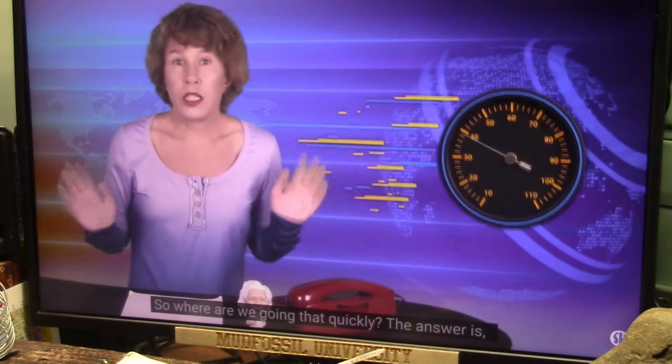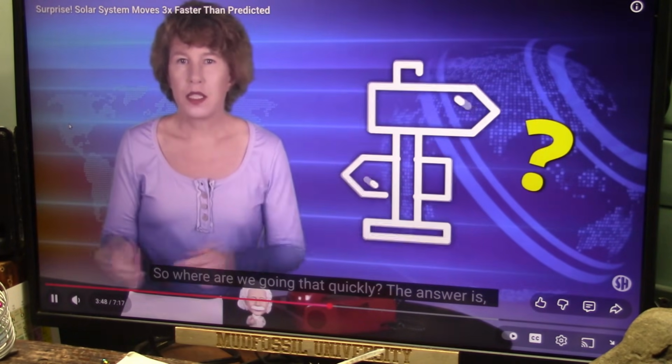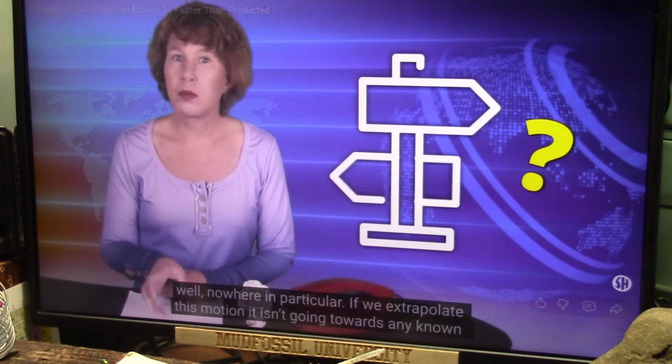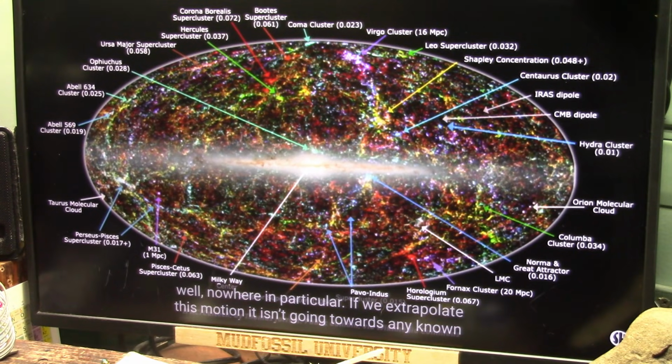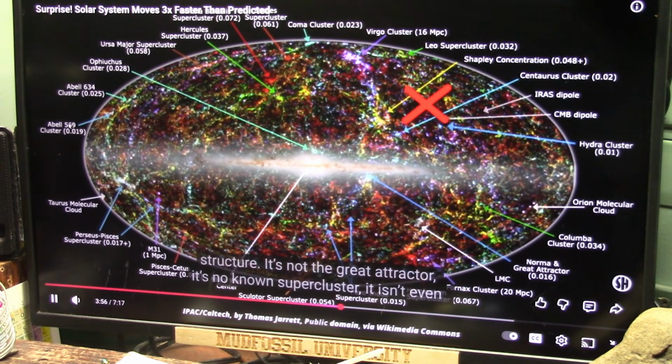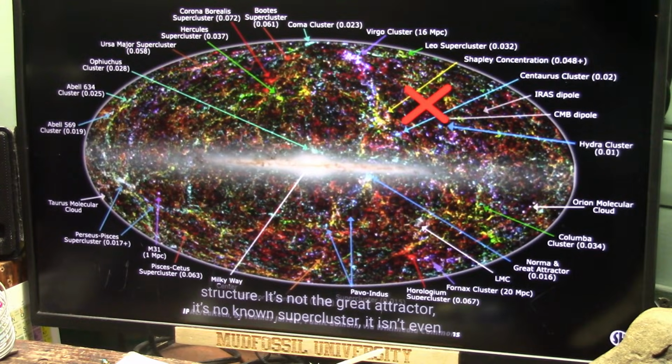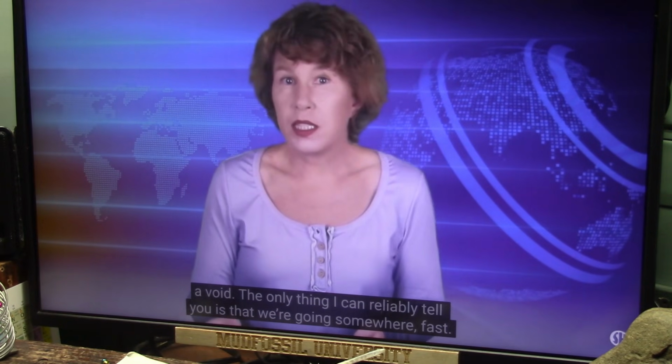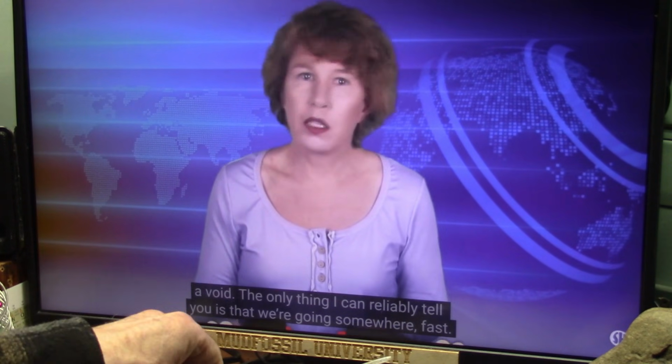"So where are we going that quickly? The answer is, well, nowhere in particular. If we extrapolate this motion, it isn't going towards any known structure. It's not the great attractor, it's no known supercluster, it isn't even a void. The only thing I can reliably tell you is that we're going somewhere fast.